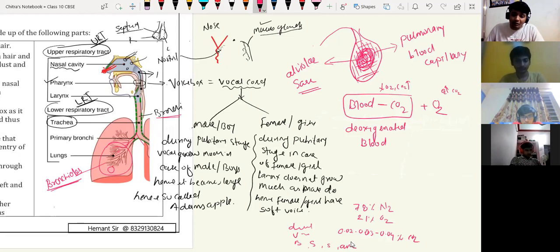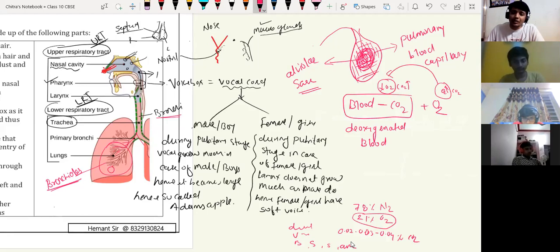So the air that we breathe in contains 21% oxygen, and it is higher. Here there is a difference in concentration. The concentration of oxygen in blood is less, but in the alveolar sac it is higher, so oxygen will flow from higher concentration to lower concentration.